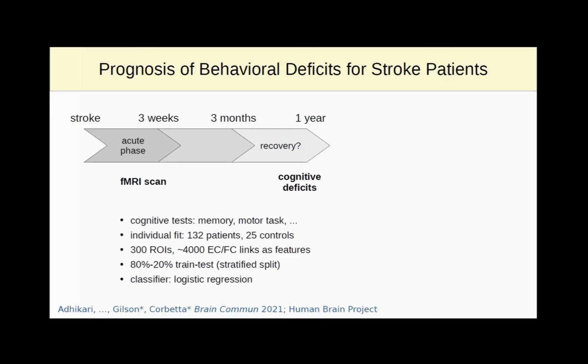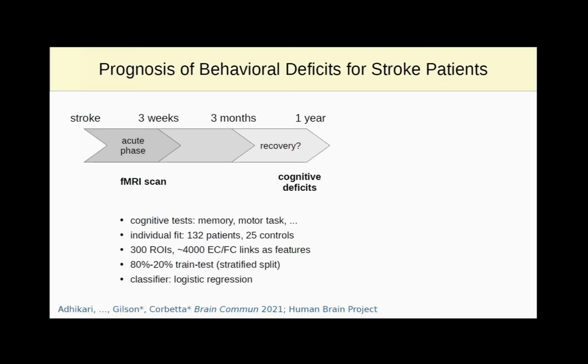Just to give you some ideas, we had about 100 patients, divided into 4 classes. Some have strokes concerning the gray matter, some the white matter, some subcortical, so different types of patients, and 25 controls. We had 5 parcellations of the brain in 300 regions, and we used about 4,000 weights.